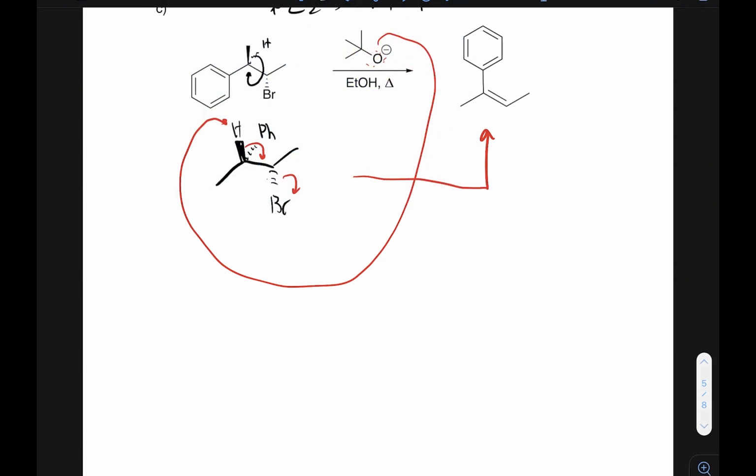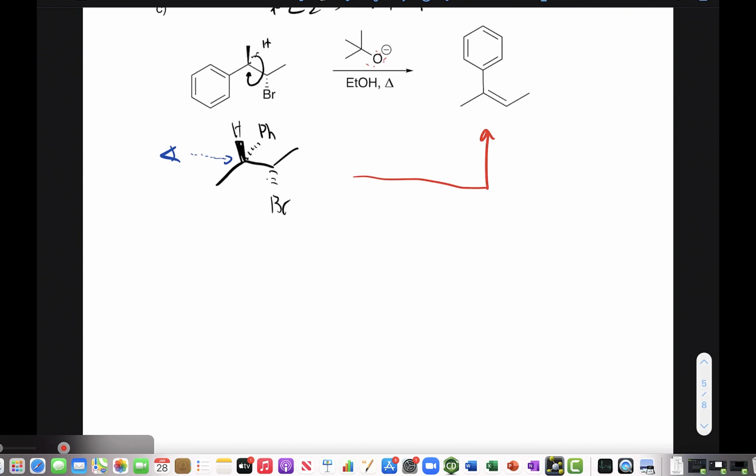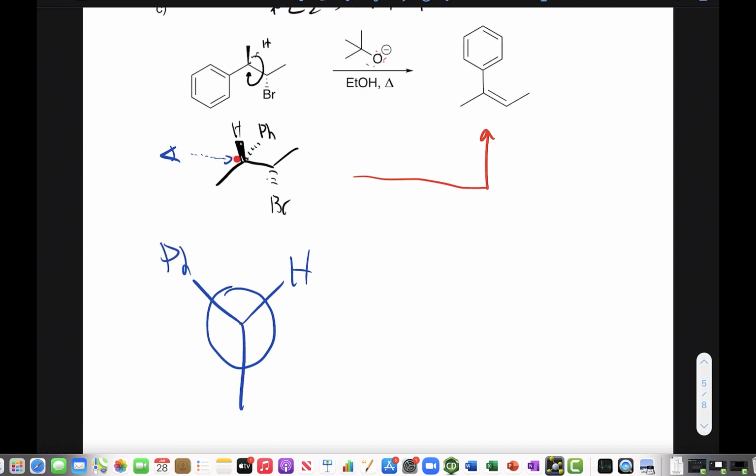If we were to look at the Newman projection, and I'm going to erase some of this clutter here, if we were to do a Newman projection of this molecule and look down that carbon-carbon bond here, that hydrogen is coming towards us, we're rotating this molecule towards us, that hydrogen is now on the right, that phenyl group is on the left here, methyl group pointing down in the plane, and on this back carbon here, which is behind where this Newman projection is, that bromine is out to the left, on the same side as the phenyl group, we have a hydrogen over here, and then another methyl group up top.